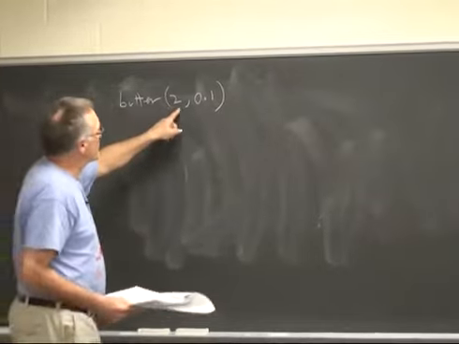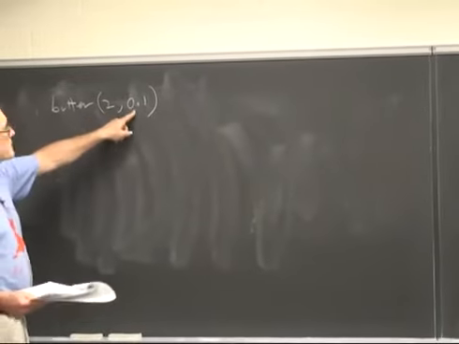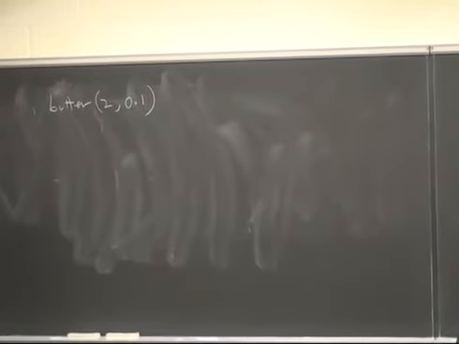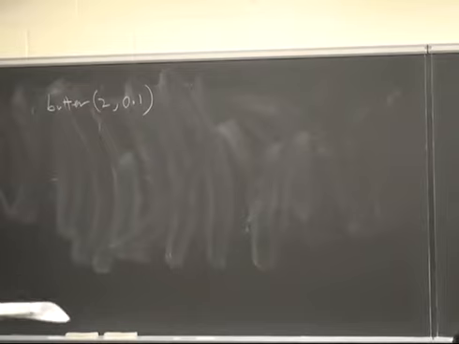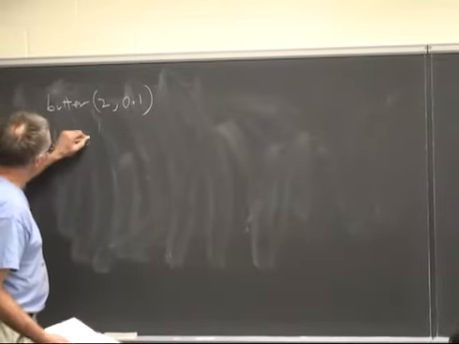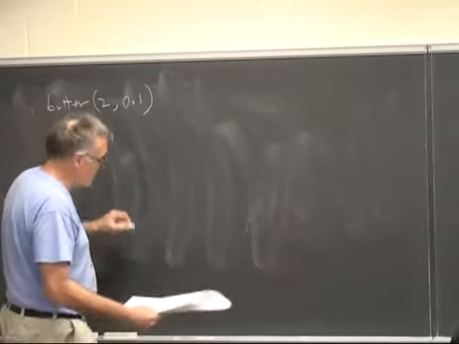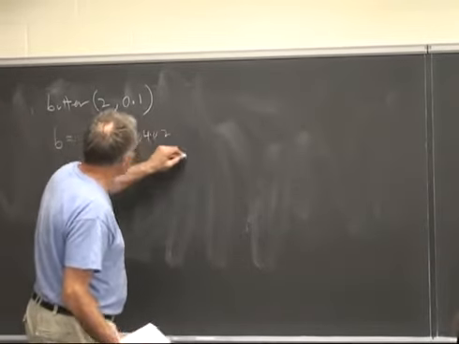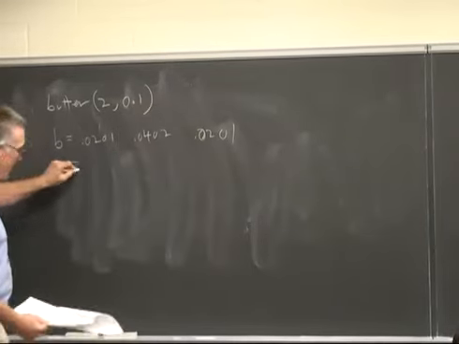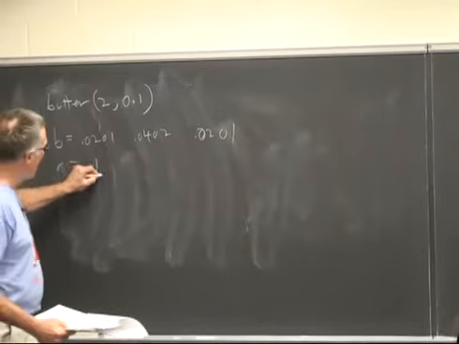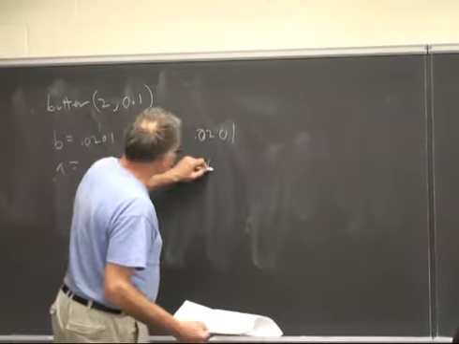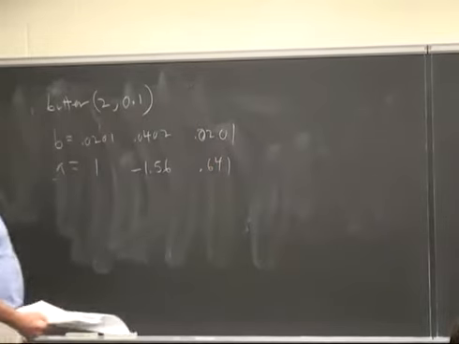We define a Butterworth filter with 2 taps and a cutoff frequency of 0.1 normalized to the Nyquist frequency. And we find that the B vector is given by 0.0201, 0.0402, 0.0201, and A has values of 1, minus 1.56, and 0.641 something.